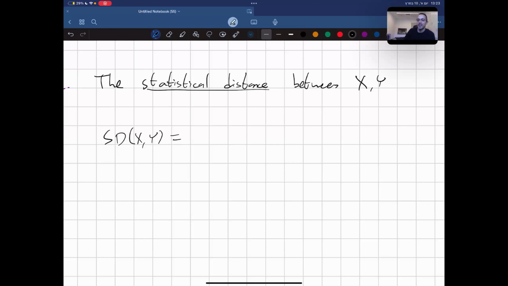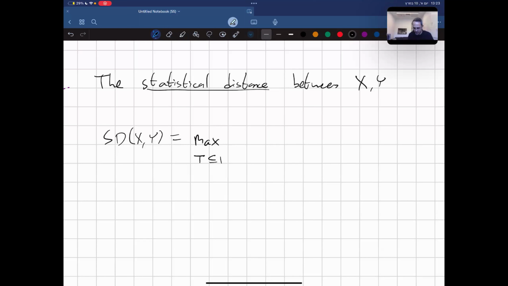So what can you do? You're given two distributions, X and Y, or two samples, like two random variables, say on the same support. Otherwise, you can take the union of the supports. And your goal is to distinguish them. So you're going to find the test, maybe there are many, that will distinguish the two the most. If you write it down, it will be a max, everything is finite, over all possible tests.